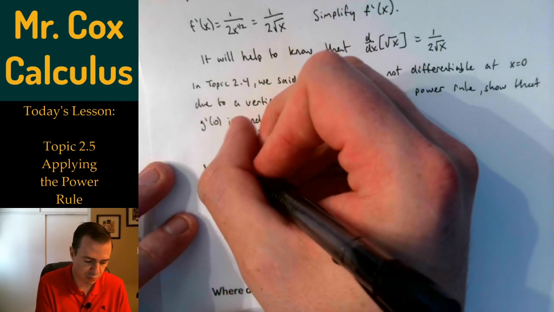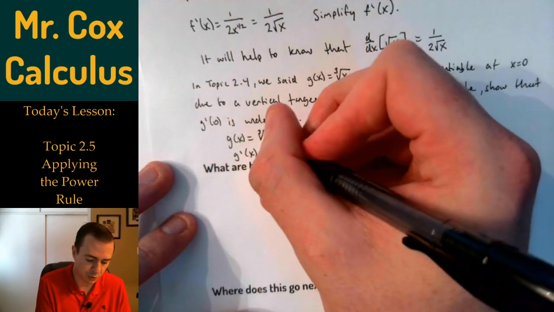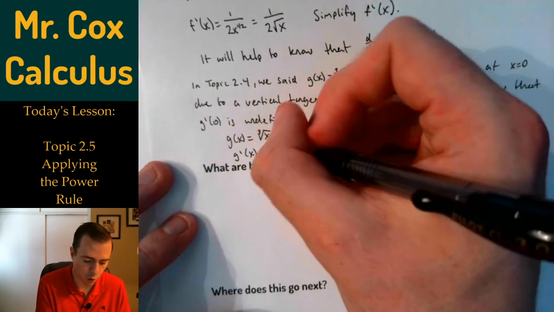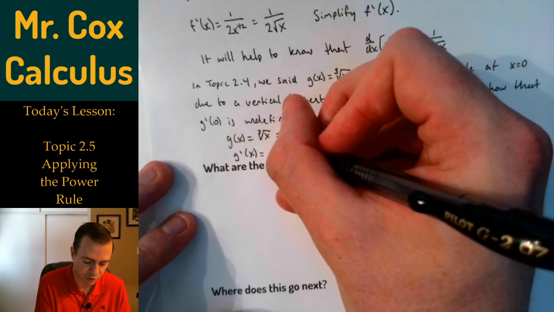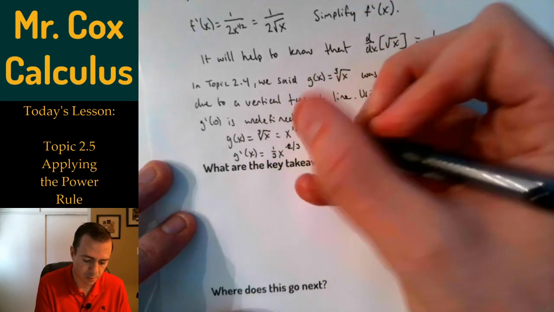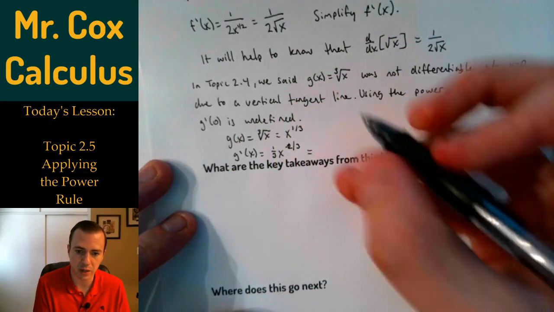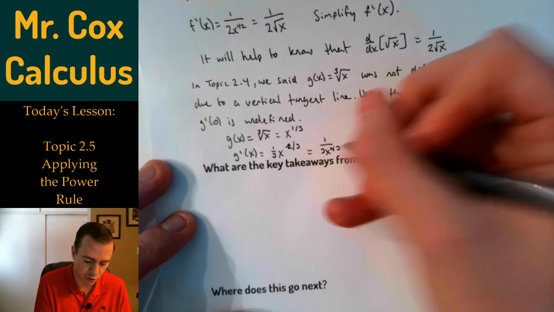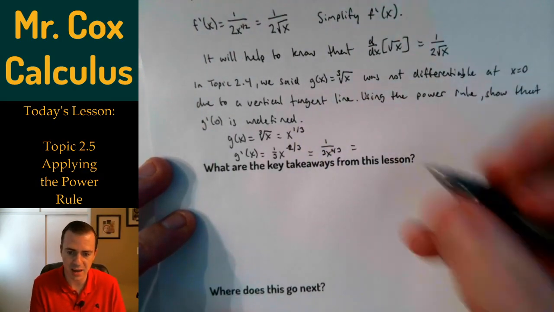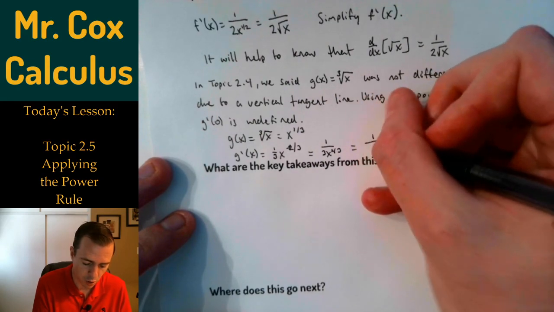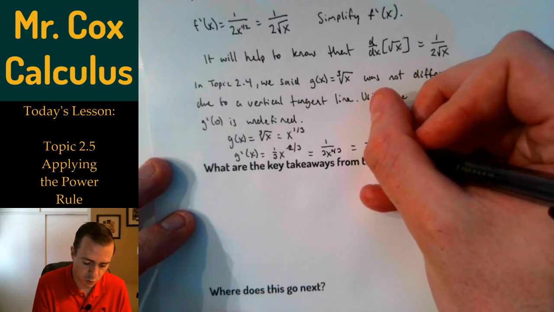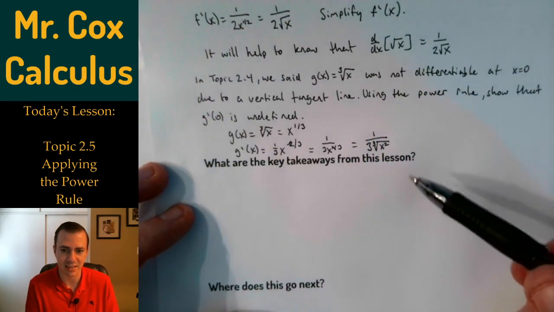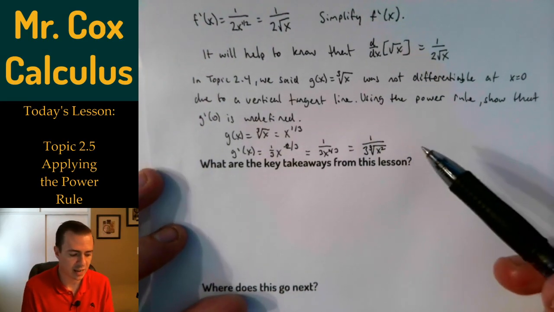That means that g prime of x is equal to 1/3 x. If I reduce the power by 1, I get -2/3, which ends up equaling 1/3 x to the -2/3. And if I rewrite that as a root, you can see it's 1 over 3 cube root of x squared, packing it nice and neat back together here.